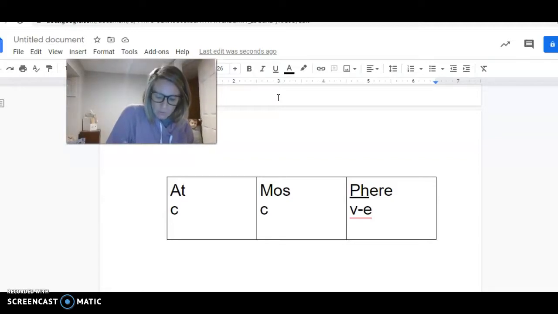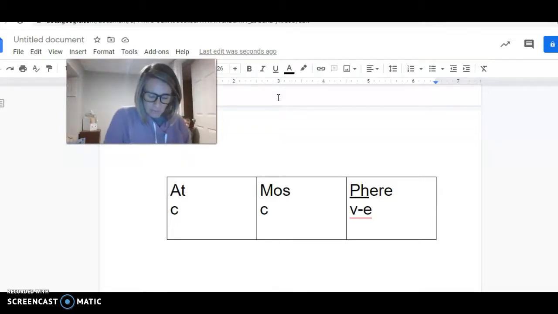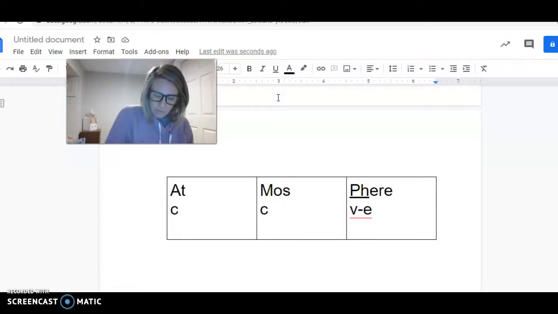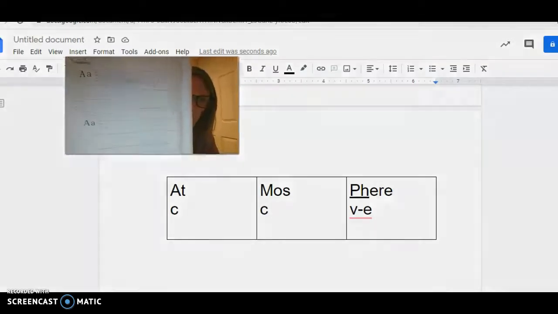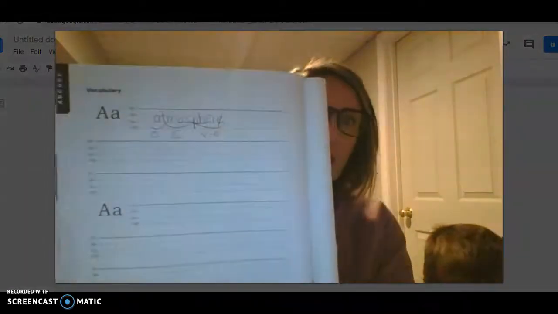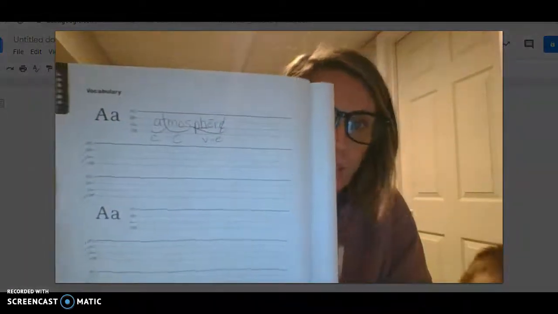And then let's scoop the 3 syllables and label them just like we did. We have closed, closed, vowel consonant E. Cross off the E. We've got a long E. And then we've got the macron over the E.